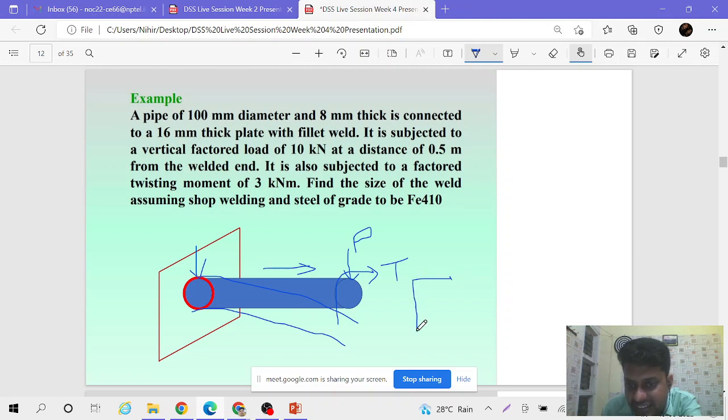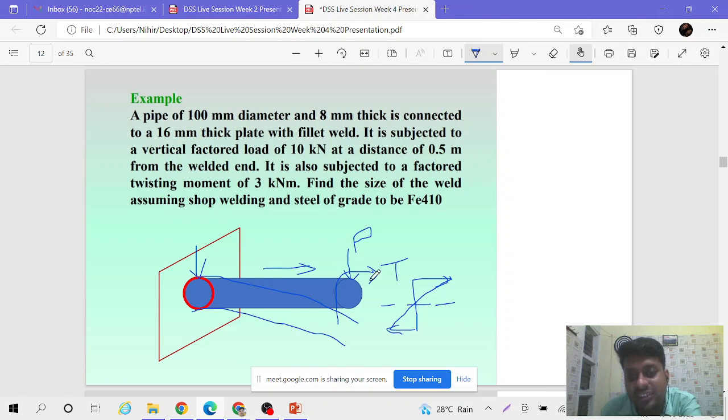Let us suppose the neutral axis is passing at this location. Above the neutral axis tension will generate, and below compression will come into picture. So this type of stress, which is coming due to bending, is normal stress, and this other one is vertical stress.